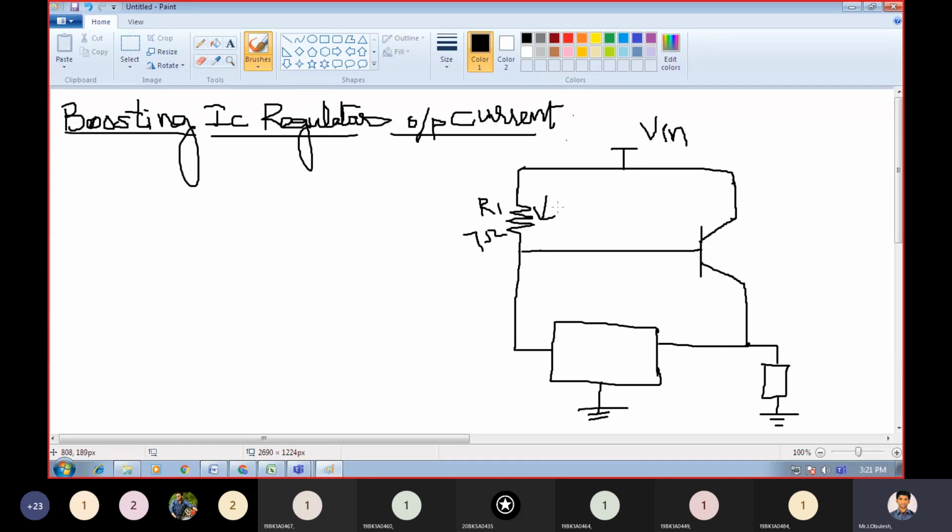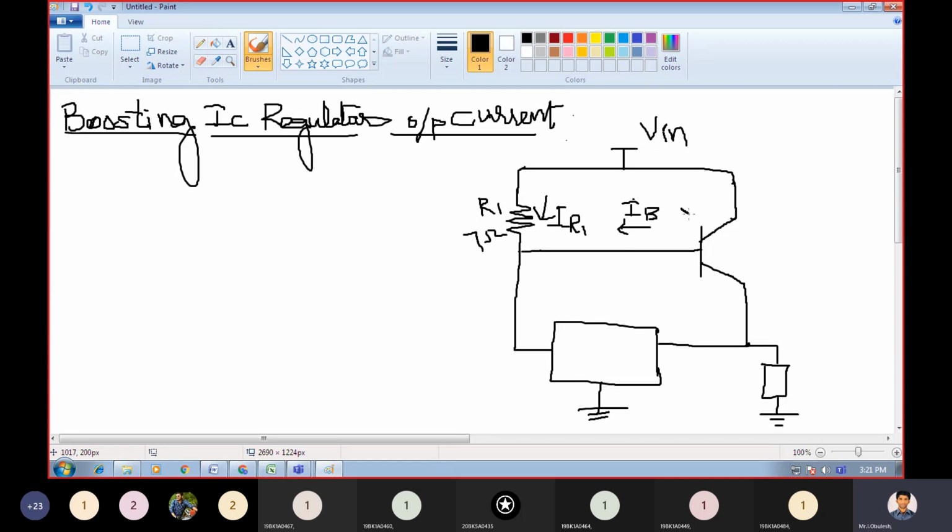In this, the current IR1 will be flowing inside the resistor. This is the base, so the current IB will be flowing in this direction through this base terminal.